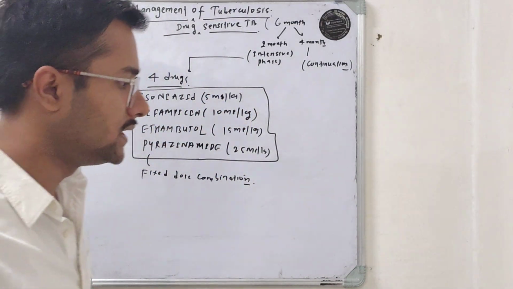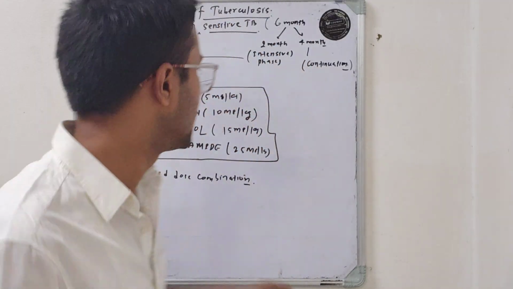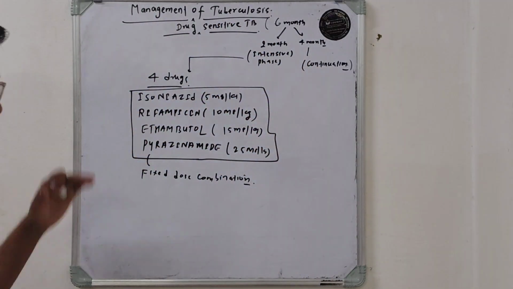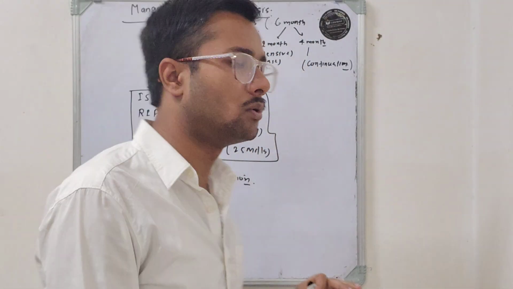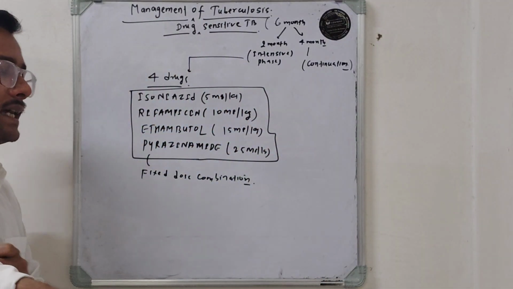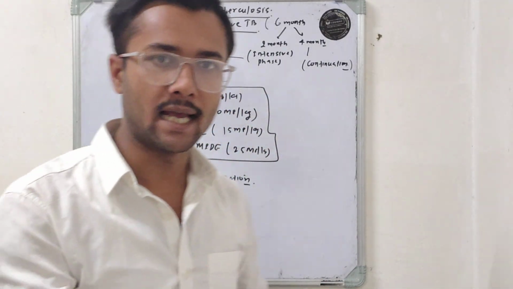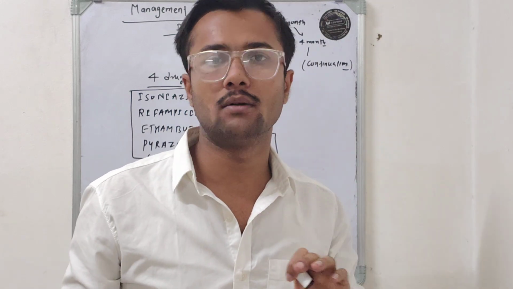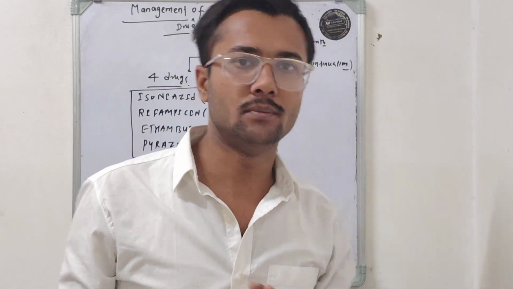So in TB treatment, we do not give 4 different drugs. We combine all these drugs in a single tablet, which is called a fixed dose combination, and we give this to the TB patient.